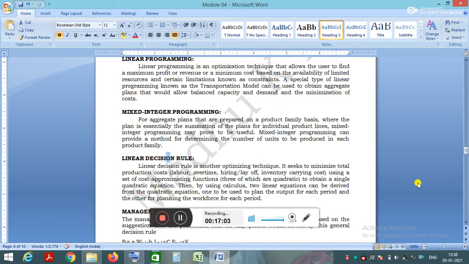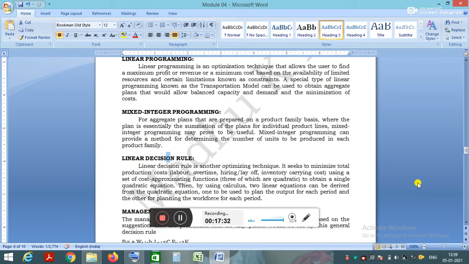It is an optimizing technique where the cost approximating functions are used to obtain a single quadratic equation. Then by using calculus, by using mathematical techniques, from this quadratic equation two linear equations are derived.